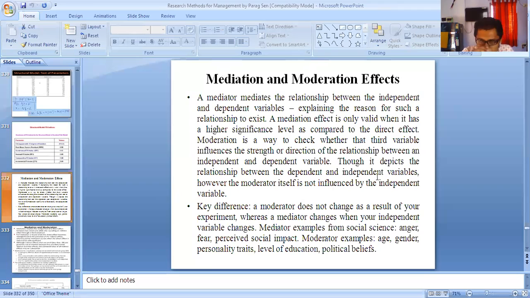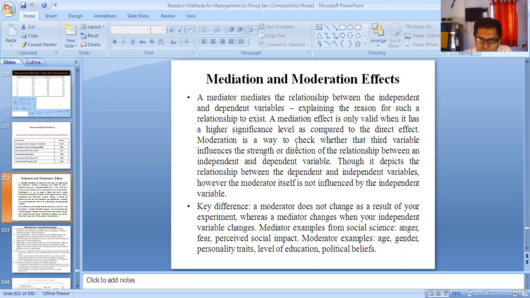Okay, so let's take a look at the idea. A mediator mediates the relationship between the independent and dependent variables, explaining the reason for such a relationship to exist. The mediation effect is only valid when it has a higher significance level as compared to the direct effect.